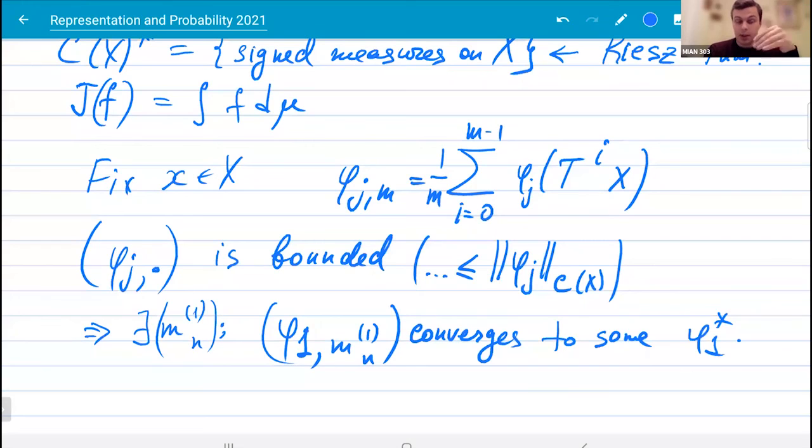Then we can take a subsequence such that for phi 2 we have also a convergence.